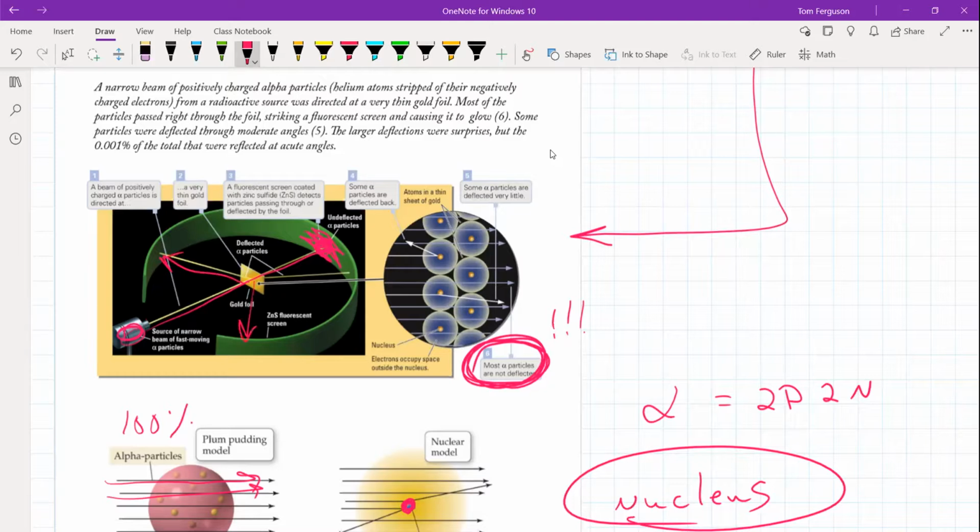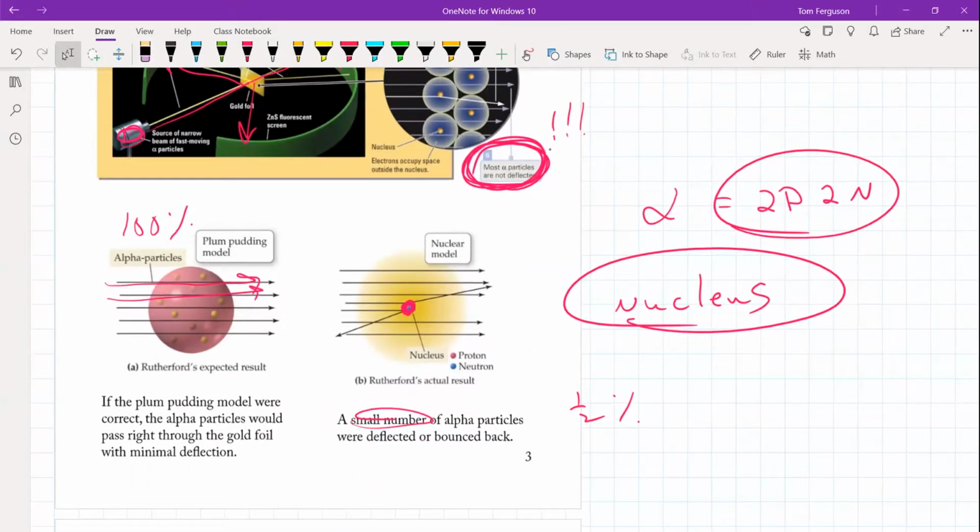And the only thing that can bounce this big giant particle is something massive. So he was saying it had to be something collectively all together inside that atom. So he proposed that all the protons and neutrons are all located in one place inside the atom called the nucleus.